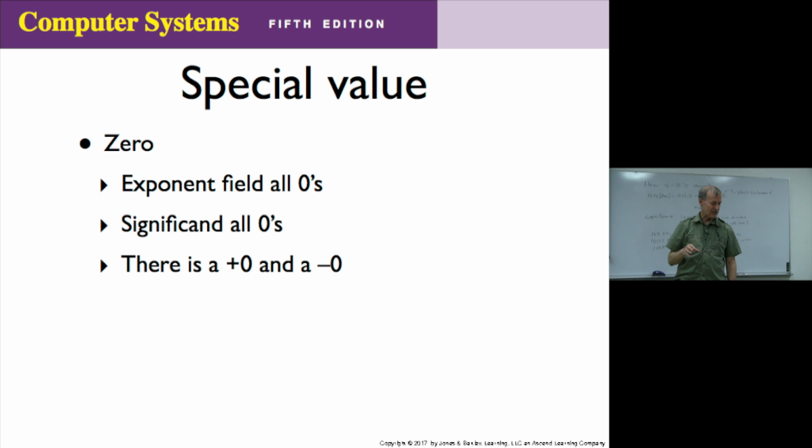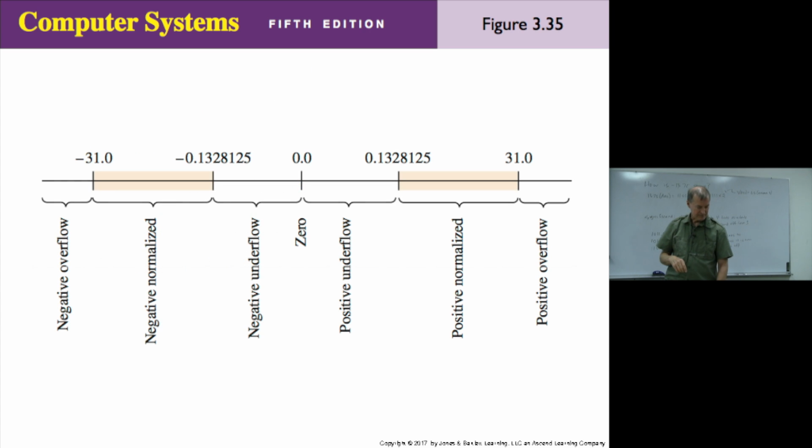If the exponent field is all zeros and the significand is all zeros, then we don't have a hidden bit, like we usually do. Figure 3.35 shows the number line with 0 being the only special value. If you use this 3-bit exponent, 4-bit significand, there are these regions.